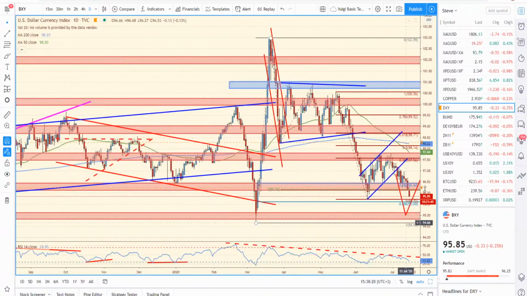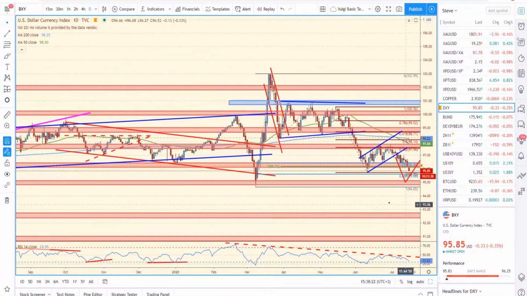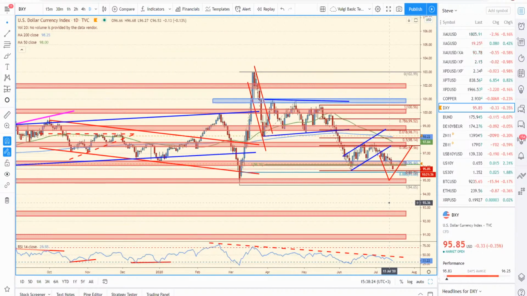If you remember, one thing I focused on yesterday was the fact that the DXY did not find a bid despite the risk reversal that we had.